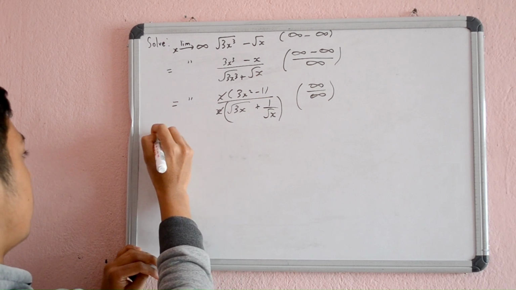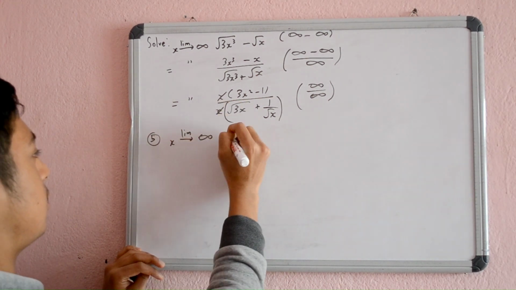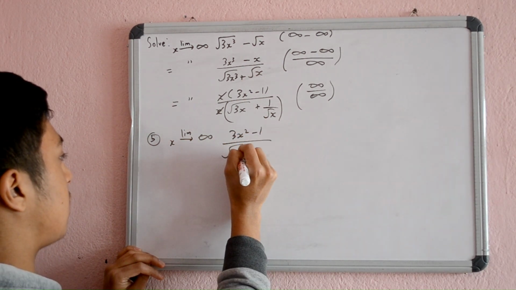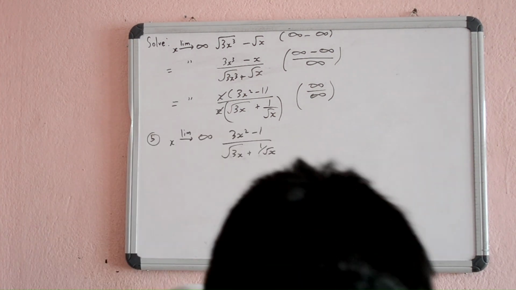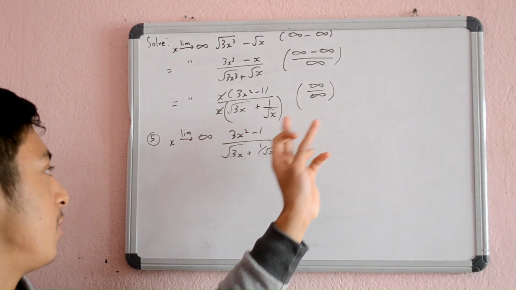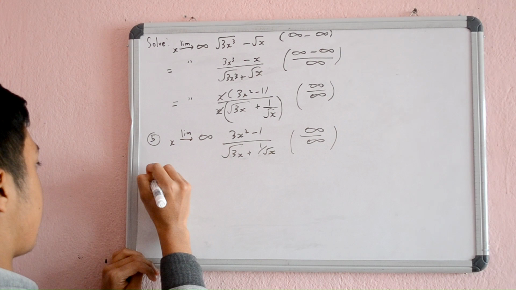Now let's begin with the fifth process. I'll rewrite that 3x square minus 1 by root 3x plus 1 by root x. Now let's see. Okay, so infinity by infinity case, right? Well, we can just use L'Hospital's rule right here.